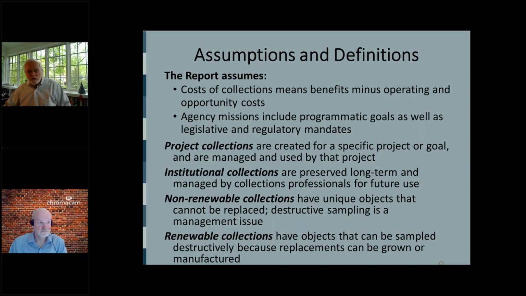Sometimes they are manufactured standard items. And I'll give one example, that you can produce more and they are essentially identical with respect to their properties, or they're plants or microbes that can be reproduced, animals also. So they are renewable collections that can be reproduced, and destructive sampling is not an issue for them.